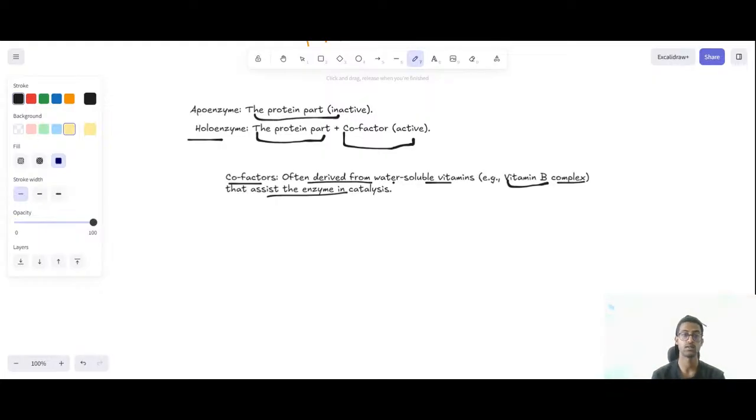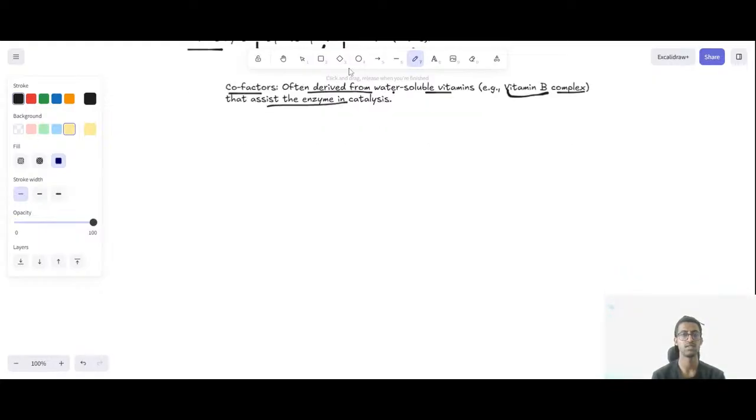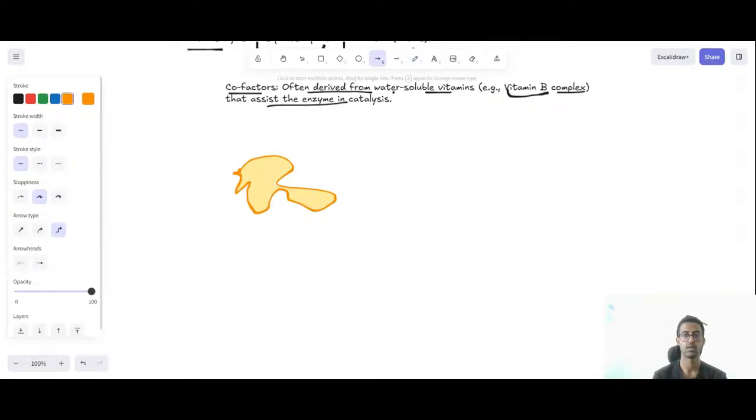So allosteric site, we know it, right? So allosteric site is nothing but a site which is not the active site. So let's say this is an active site and this can be an allosteric site.